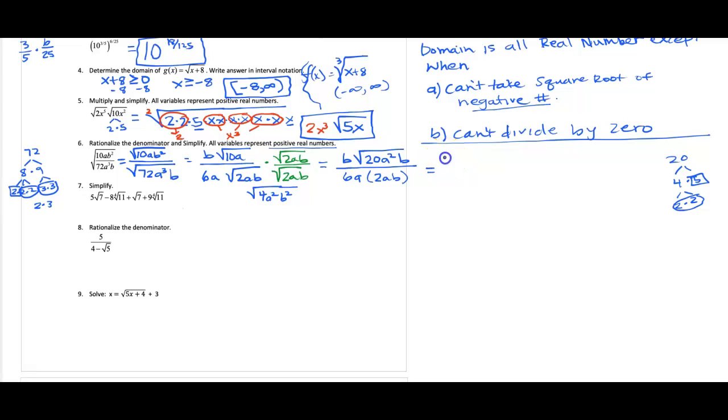So a 2 comes out, and an a also gets to come out, and I already had a b out there. Stuck inside, we said that 5 doesn't have a buddy, so it can't go anywhere, it has to stay here.